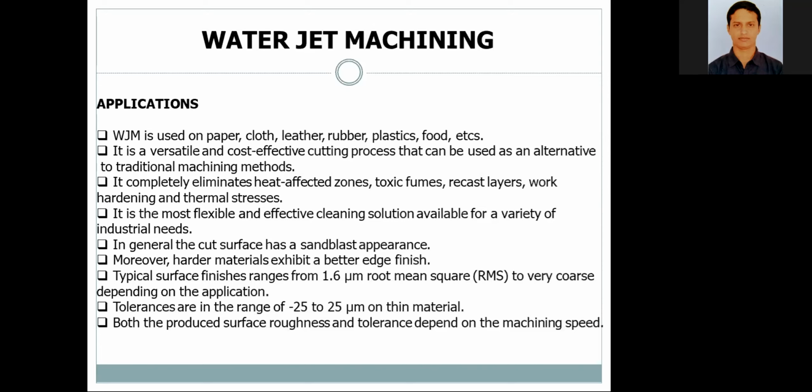Also in the textiles, leather, and plastics industries, and for cutting fiber reinforced composite materials, they use this method because it is safe. It does not produce much heat, there is no heat affected zone, and you can obtain a sharp cut. That is why this machining process is used.